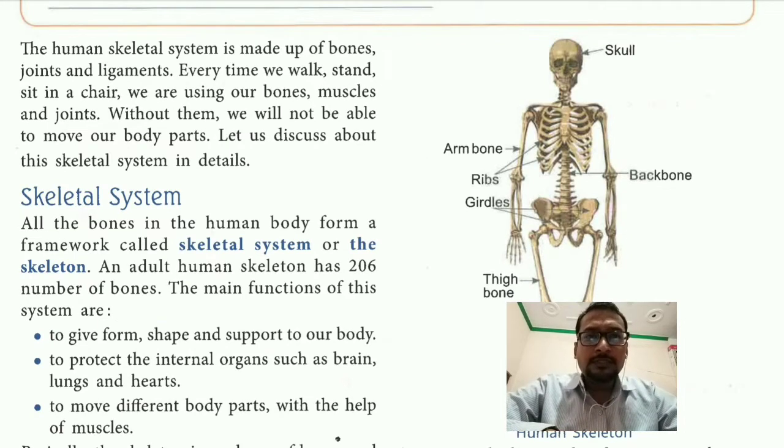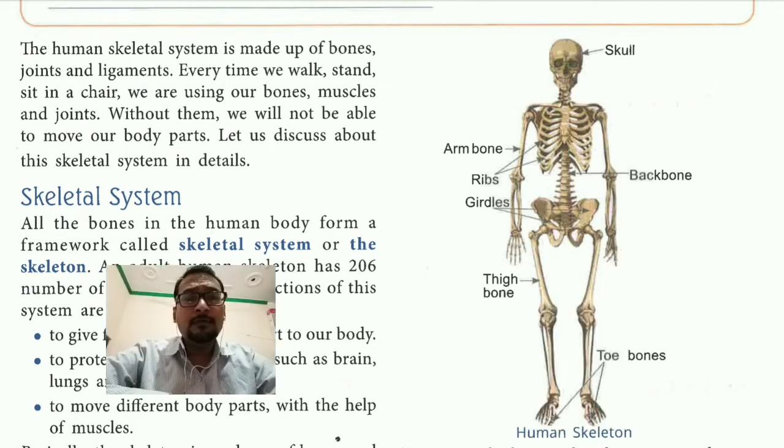The human skeletal system is made up of bones, joints and ligaments. Every time we walk, stand, sit in a chair, we are using our bones, muscles and joints. Without them, we will not be able to move our body parts. So let us discuss this skeletal system in detail.